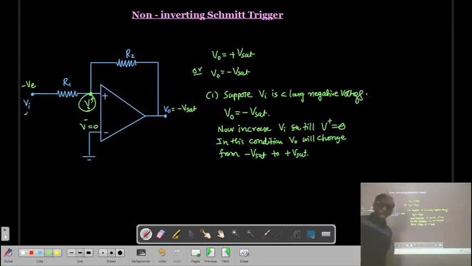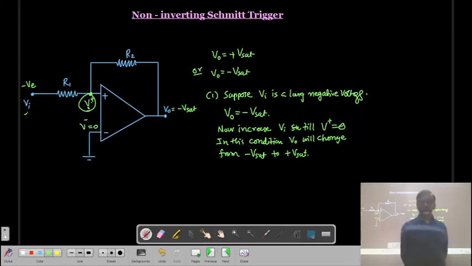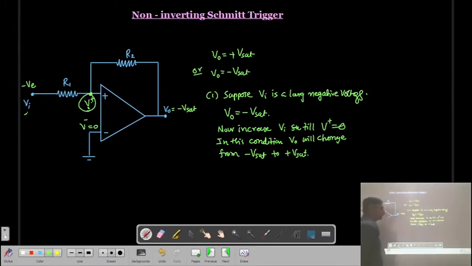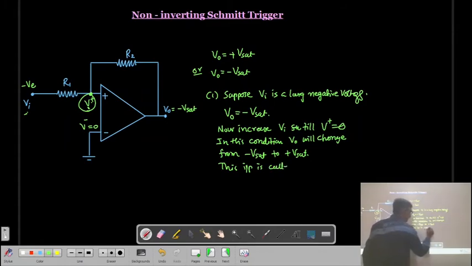Then this input voltage is known as the UTP. Remember, this input is called the UTP. Later on we will calculate the formula for this. Correct? Okay.